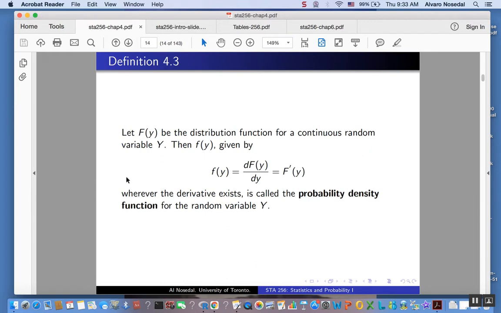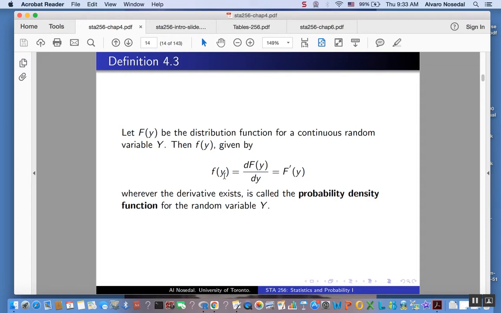The main idea behind this method is exploiting the relationship that there is between the CDF, the cumulative distribution function, and the PDF, the probability density function. So, if we take the derivative of the CDF, the cumulative distribution function, we obtain the PDF.